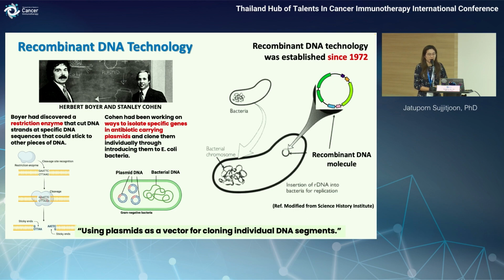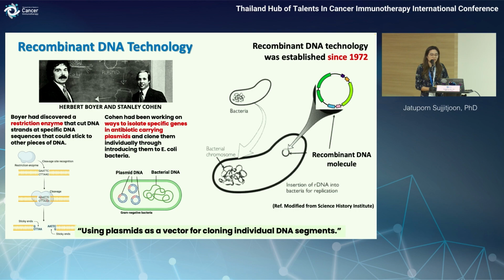He discovered a method to isolate genes in antibiotic-carrying plasmids that can propagate in E. coli bacteria. These two professors had attended the same meeting, and they discussed together and thought about how to integrate these two pieces of knowledge to apply in the field of biotechnology.